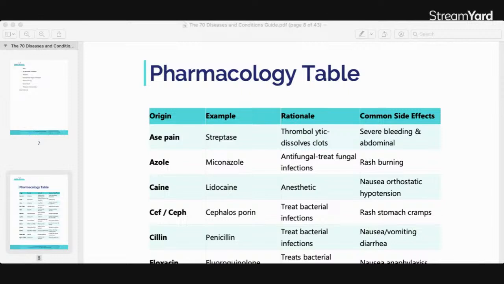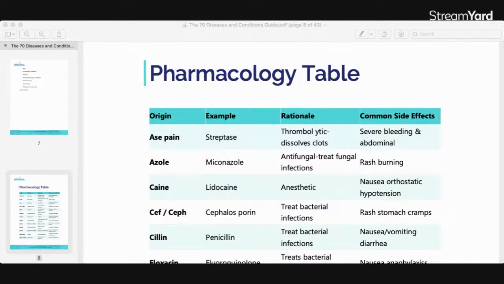Then we have ceph, which can be CEF or CEPH. So these are your cephalosporins. These ones you don't want to forget. Very commonly you'll see these ones. These are the ones that we give to treat bacterial infections.